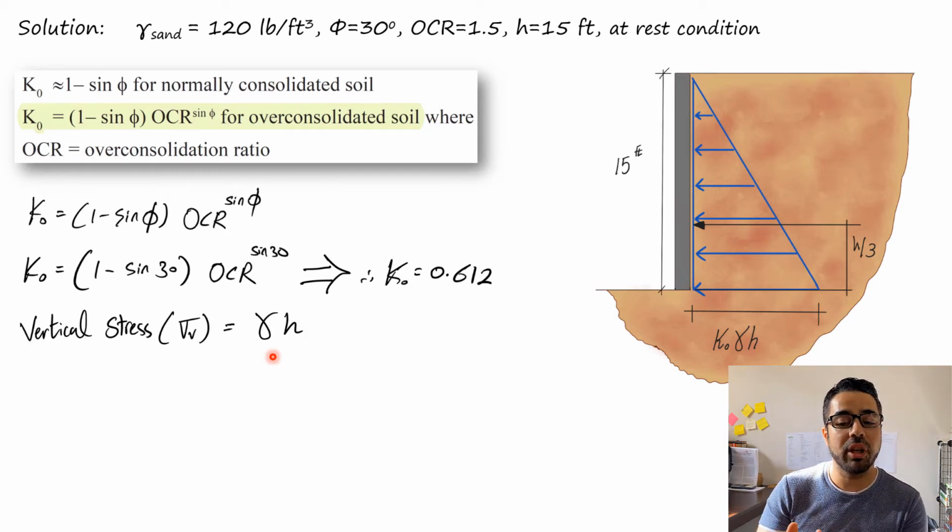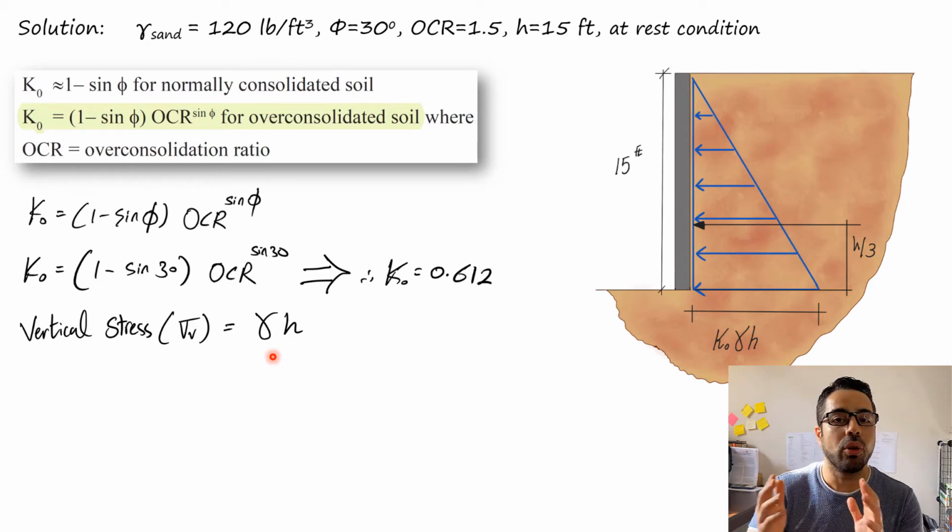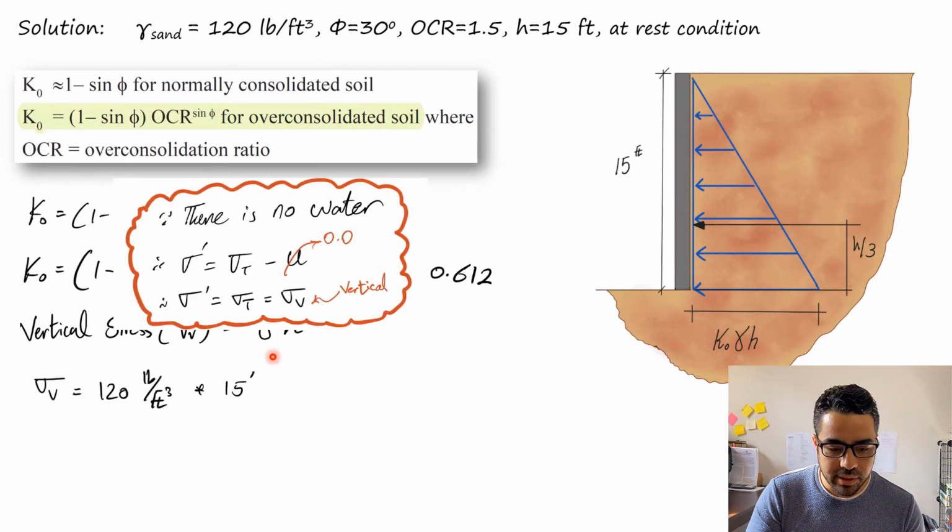It doesn't mean that if you have water you're not going to calculate it. You will calculate it, but K naught, Ka or Kp will not be multiplied with the water term. That's why we always use effective. As you can see here, gamma effective equals gamma total, so we're good to go.